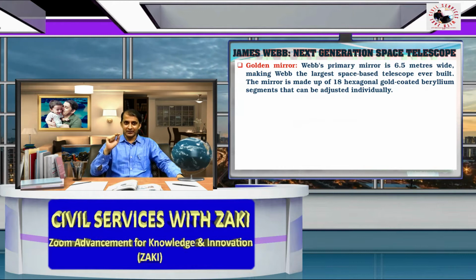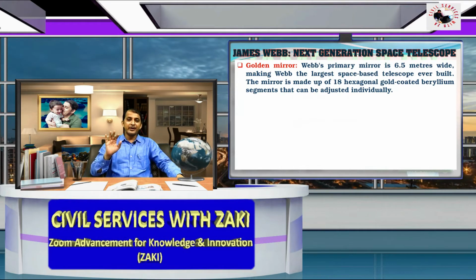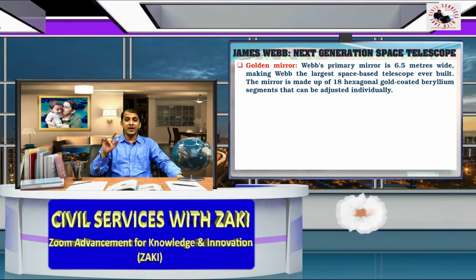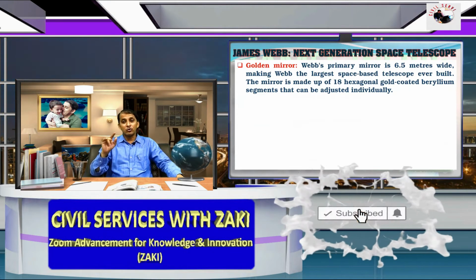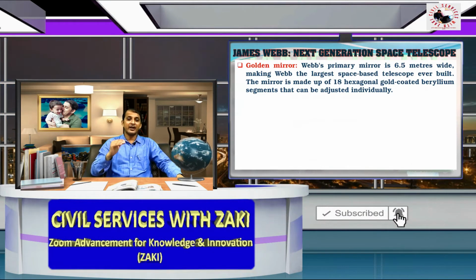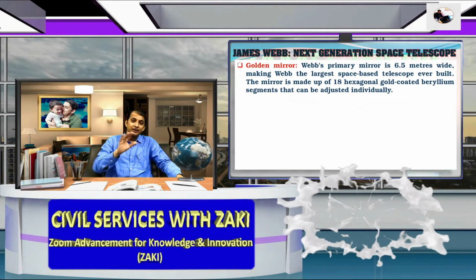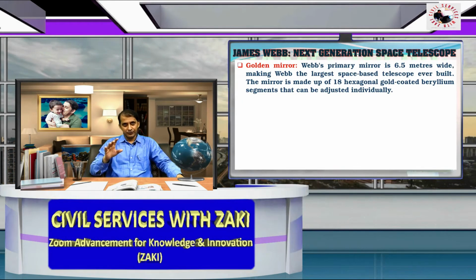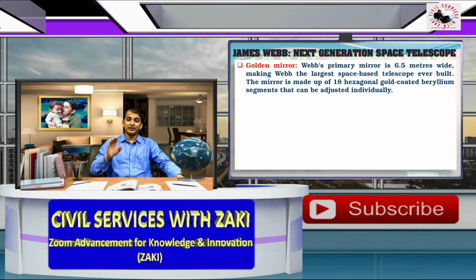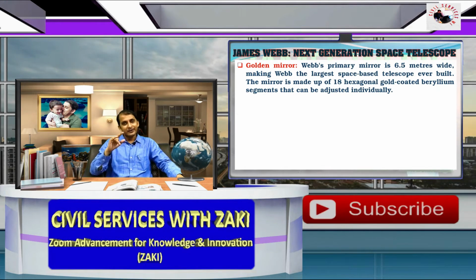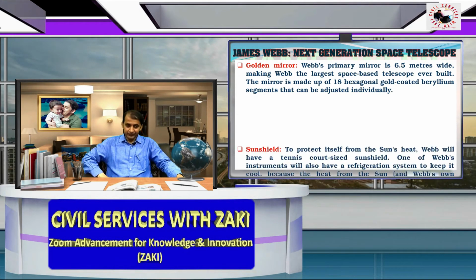So that's why this topic is very significant. The mirror is made up of 18 hexagonal gold-coated beryllium segments that can be adjusted individually. So we see all these hexagonal mirrors in the animation.